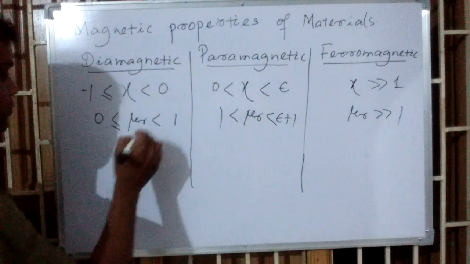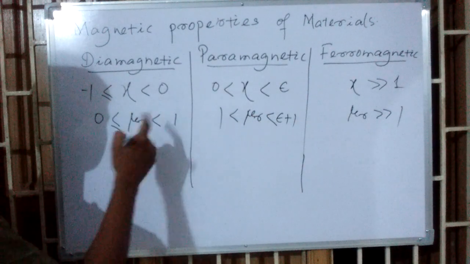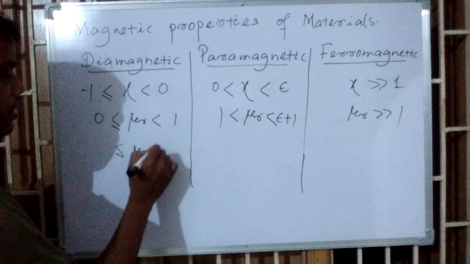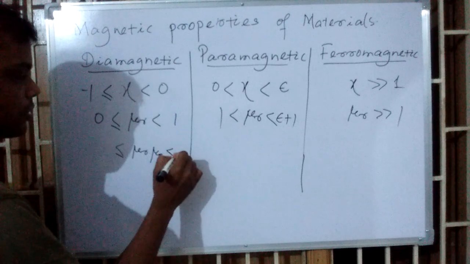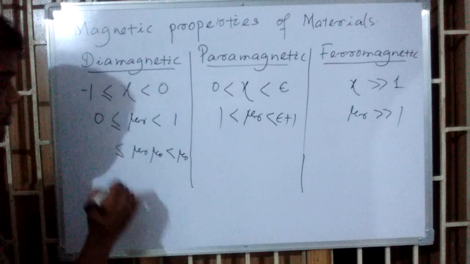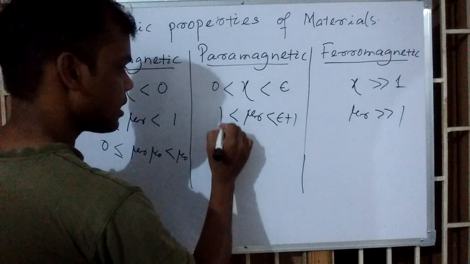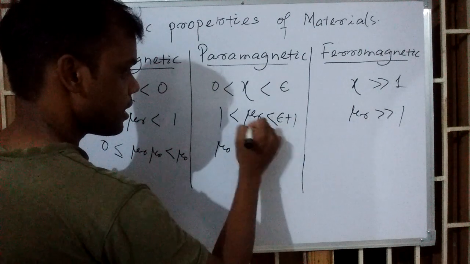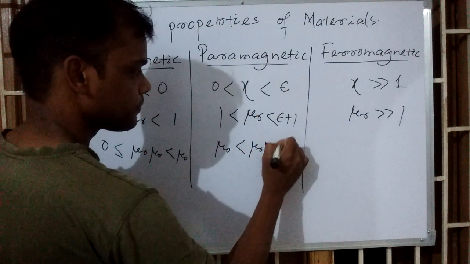Now we shall see. You multiply mu naught everywhere. If you multiply mu naught here, it will become mu r mu naught. Here if you multiply mu naught, it will be mu naught. Here it is 0. So 0. Here similarly, if you multiply mu naught, it will be mu r mu naught.